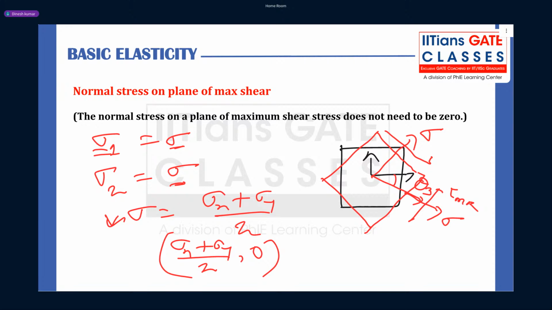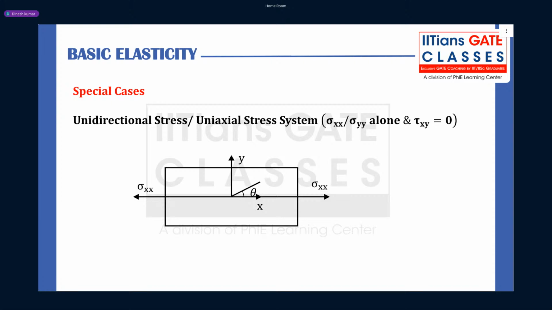Okay, now guys we will solve some, somebody was talking about biaxial stress system, right? So guys, what is a biaxial stress system? A special case of 2D stress system. So first we discuss the uniaxial stress system.